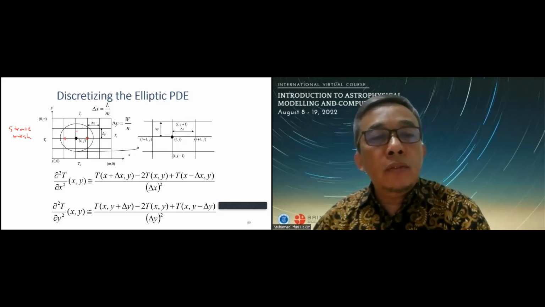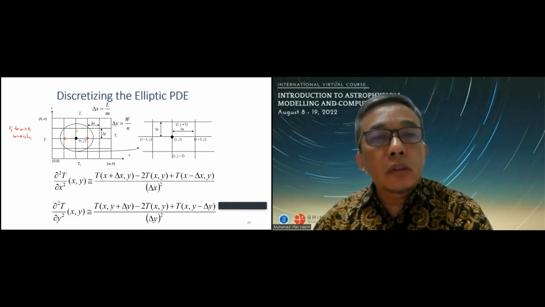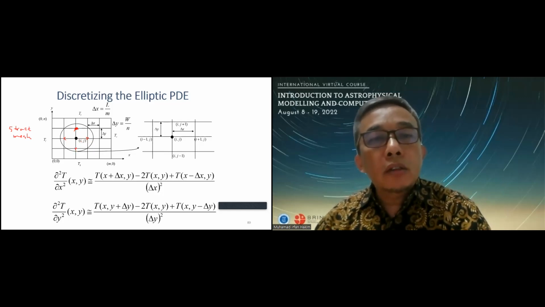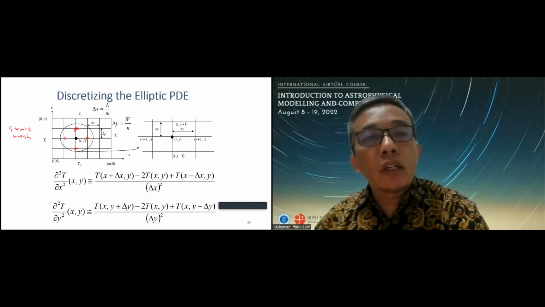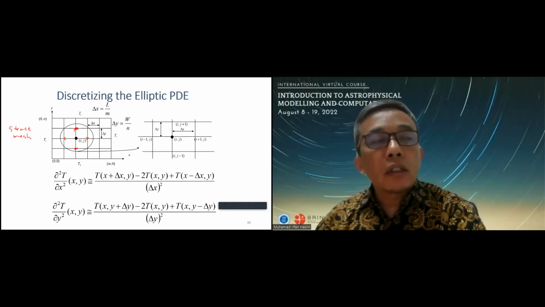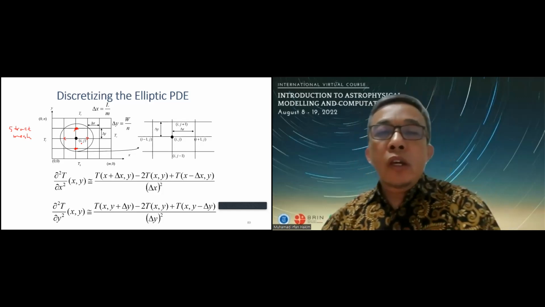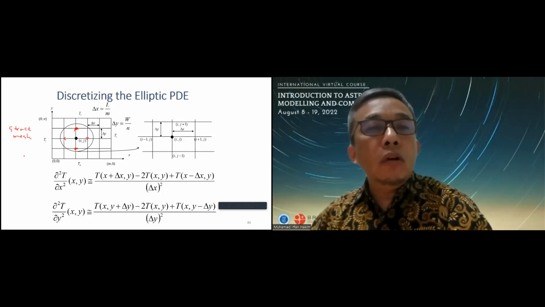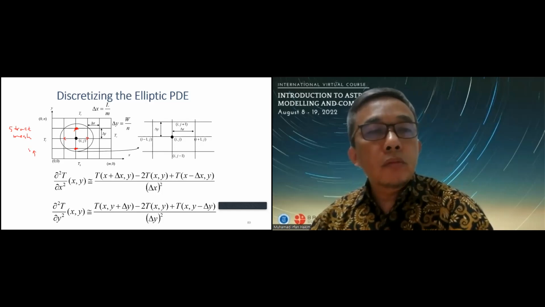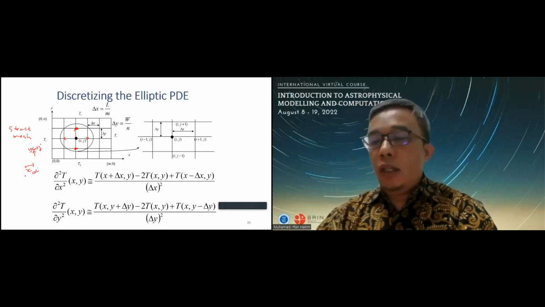And for the second derivative of temperature with respect to y, using these nodes in the y direction, one is at the top, one is at the bottom of this node I, J. J here is for the y direction, and I here for x.